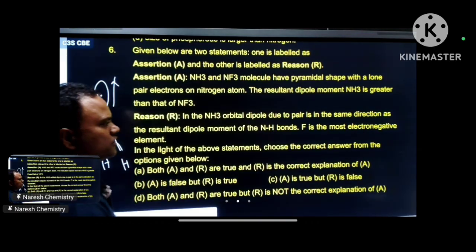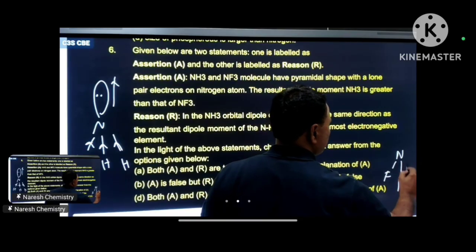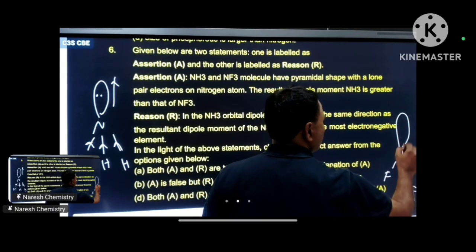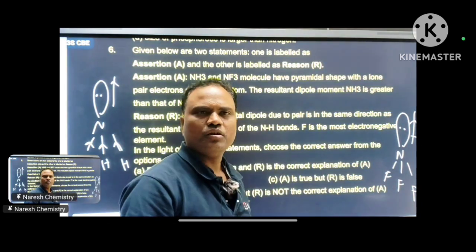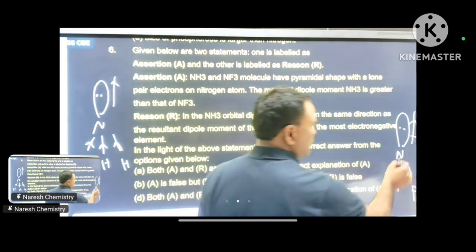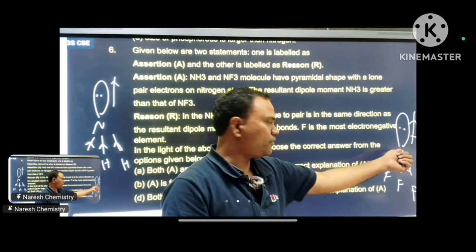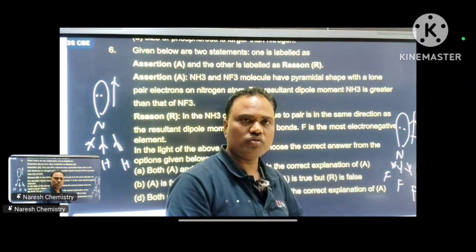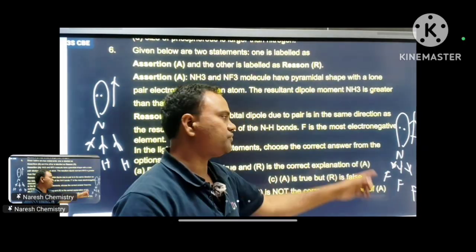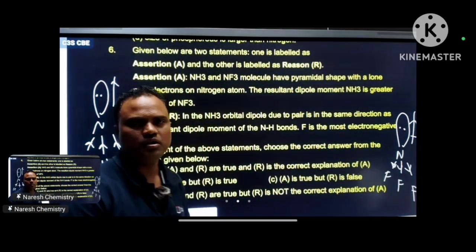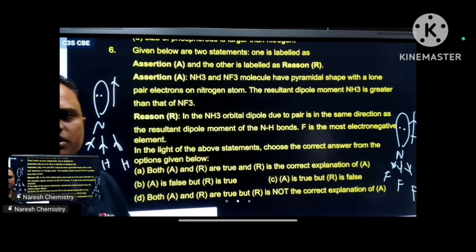But in case of NF3, orbital moment is in the upward direction, but fluorine is more electronegative, so the nitrogen-fluorine bond acts in the downward direction. Both are opposite, so dipole moment will be cancelled, so NF3 is having less dipole moment, right? Both A and R are true and R is the correct explanation of A.